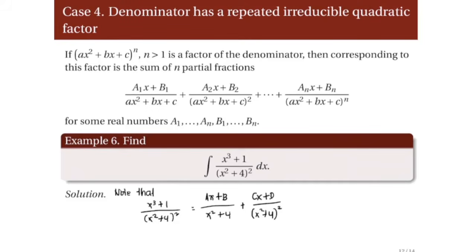So if we multiply both sides by x squared plus 4 quantity squared, the left-hand side would be x cubed plus 1, while the right-hand side would give us ax plus b times x squared plus 4 plus, you have here cx plus d. For this example, pwede natin nang i-expand na lang yung magiging expression na to, or that is, magko-compare na lang tayo ng coefficients.